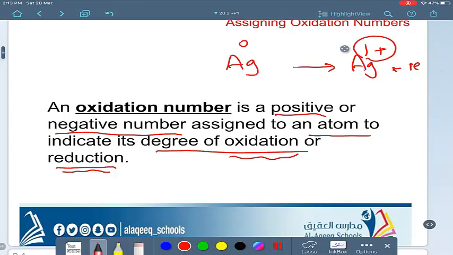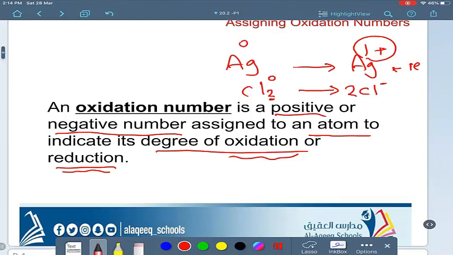Sometimes positive, sometimes negative, like chlorine, for example. If you have Cl2, a molecule of chlorine gas has 0 charge because it's a molecule. The overall charge of any molecule is 0. If it changes into Cl negative 1, it must be 2 because there are 2 here.